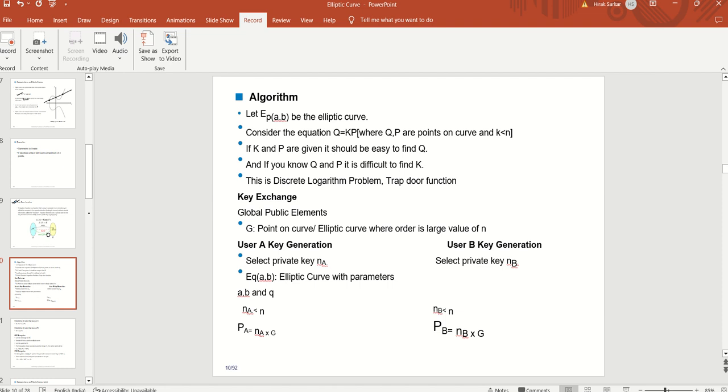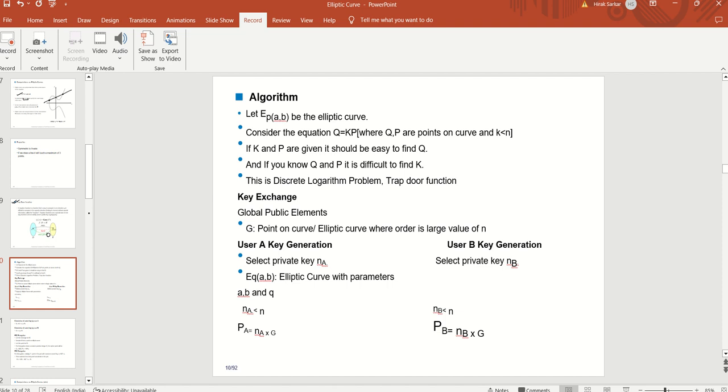Consider the equation Q equals kP, where Q and P are points on the curve and k is less than n. If k and P are given, it should be easy to find Q, and if you know Q and P, it is difficult to find k. This is the trapdoor function: one side is easier, but the inverse is difficult.